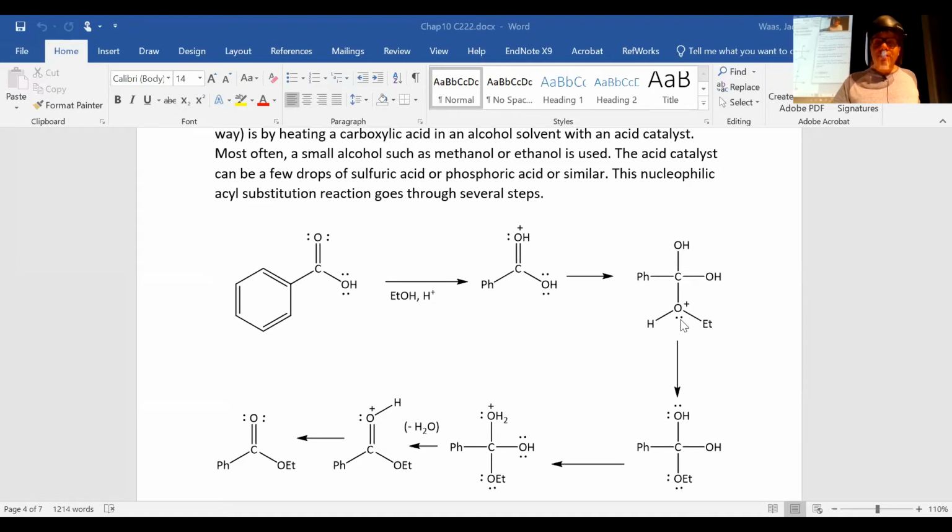At that point, the ethanol molecule attacks this species, and you'll see, just as we've said from the beginning, carbonyl carbons are electron poor. They're electrophilic, right? They have a partial plus charge on them. Even more so when we've put a plus charge on the whole molecule. So ethanol is not the greatest nucleophile in the world, but for something like this, it's good enough.